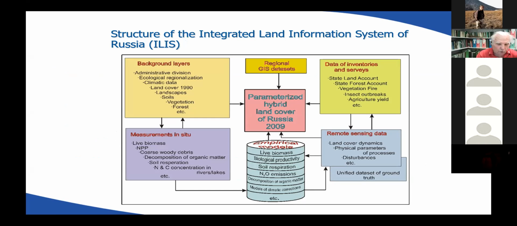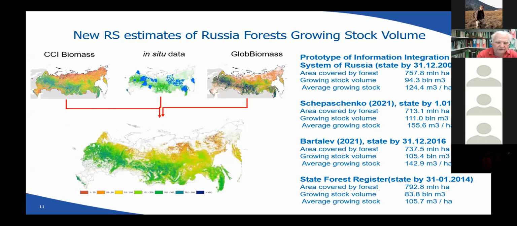In order to be able to use a system approach, it is necessary to have a unified information base. We did that in the form of an integrated land information system. Why is that important? Why was it necessary to do this reanalysis?